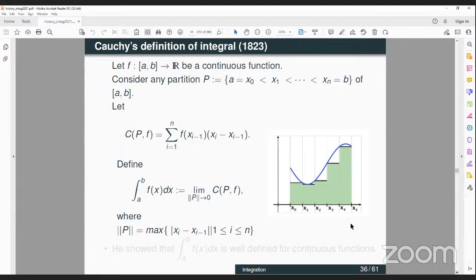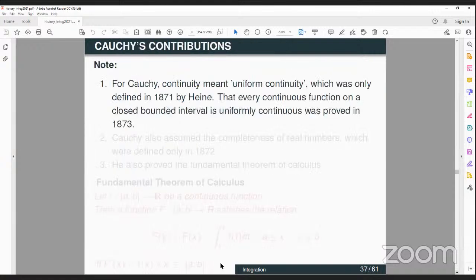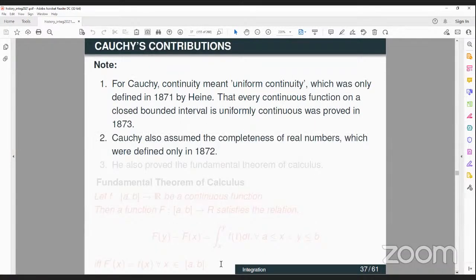So if he showed that for a continuous function this limit exists, he called this the integral of the function from the interval a to b. That was Cauchy's definition. For Cauchy, continuity meant uniform continuity.